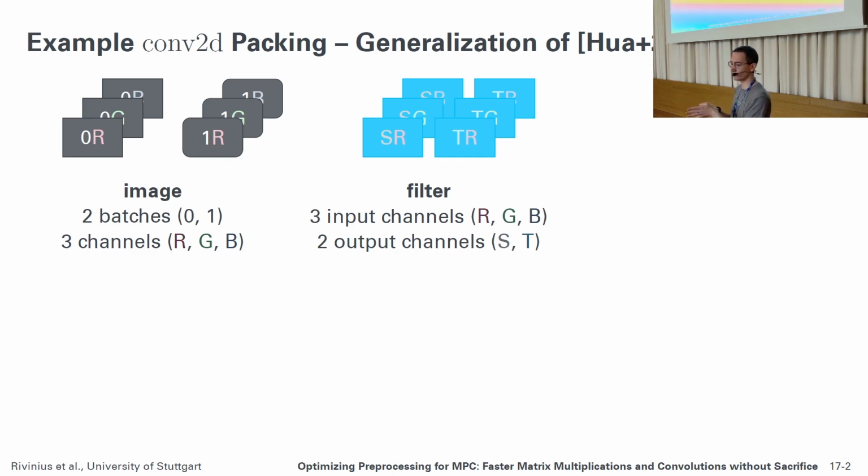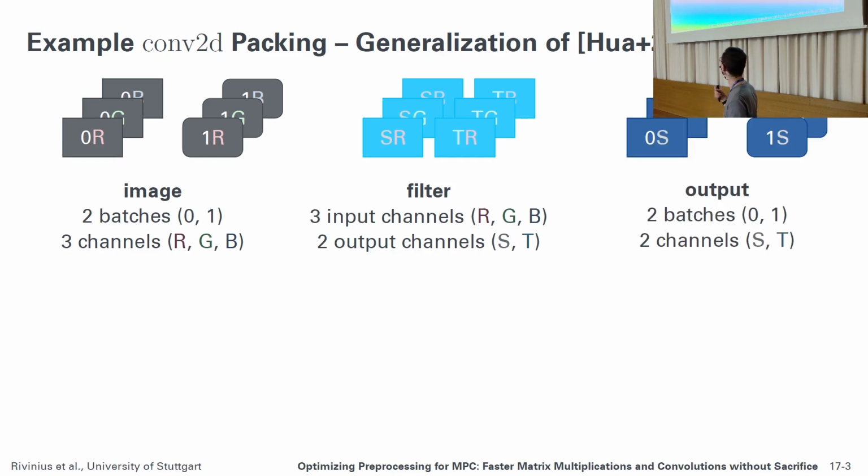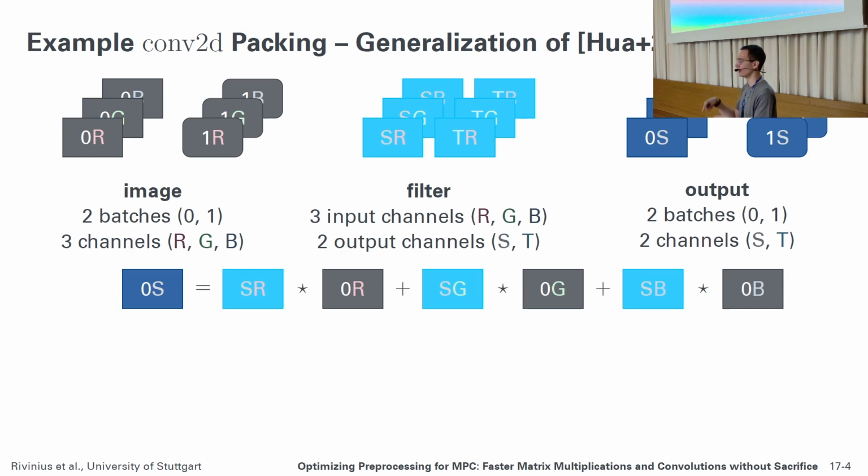So if you have 3 input channels and you want 2 output channels, then it's 6 filters. And here the output is as many batches as we input and as many output channels as we want. Each of the output channels is then the sum of multiple cross correlations, where the input channels match and the output channel matches the output channel you want.